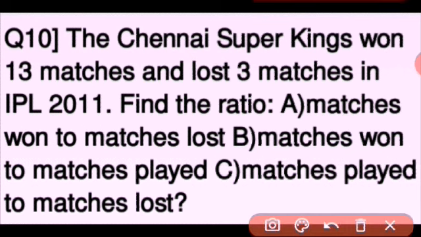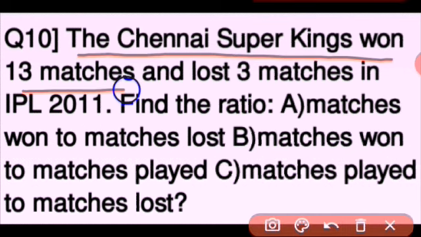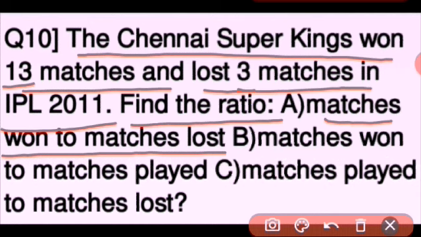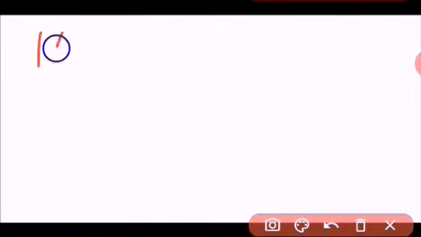See, the Chennai Super Kings won 13 matches and lost 3 matches in IPL 2011. Find the ratio of matches won to matches lost. 13 matches they have won and 3 matches they have lost. It means the total matches they have played is 13 plus 3, that is 16 matches.